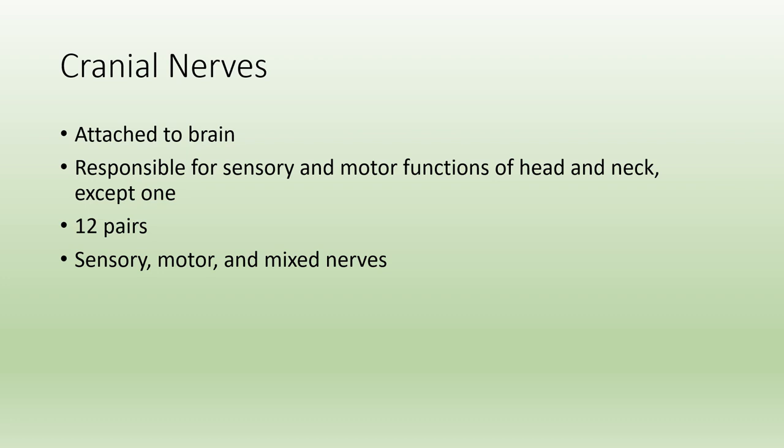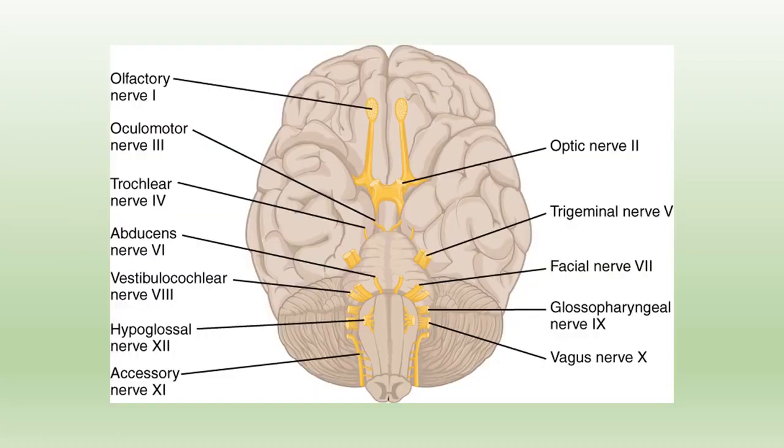There are 12 pairs of the cranial nerves. We tend to do more of the anatomy in the lab portion and more of the physiology in lecture, so we're just going to go through these. They have names followed by a number, and you use Roman numerals. It's just tradition, the way it's been set up.